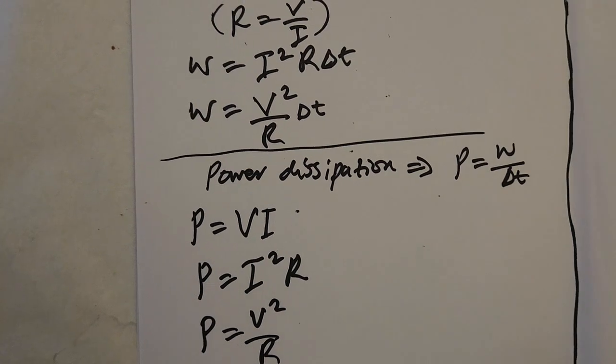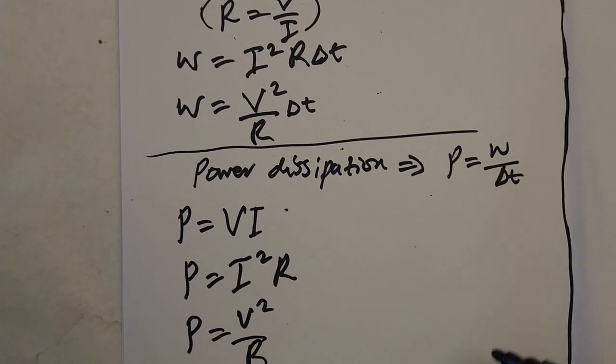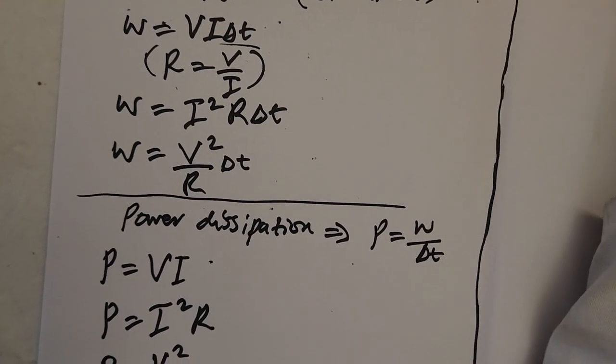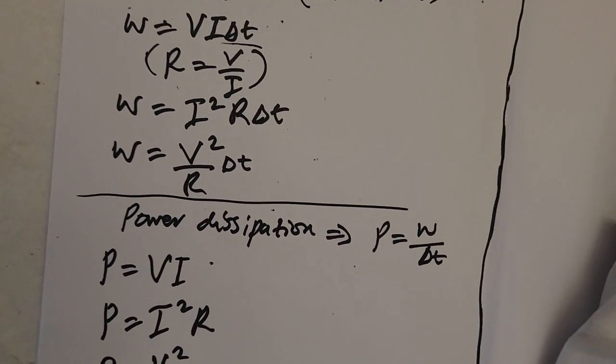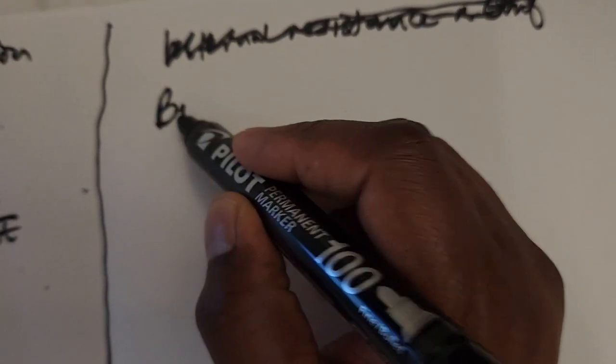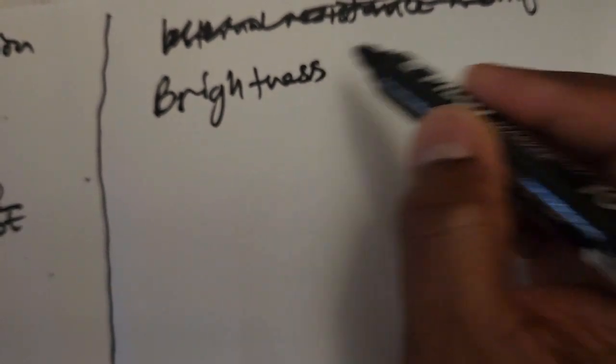But now the brightness part, the brightness of the bulb. You need to know that one. Let's make a few points about the brightness, because they might ask you about the brightness of the bulb in a circuit.